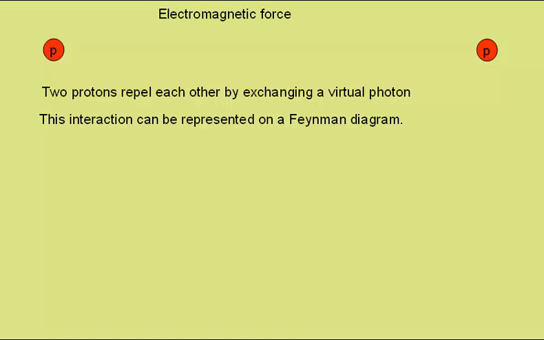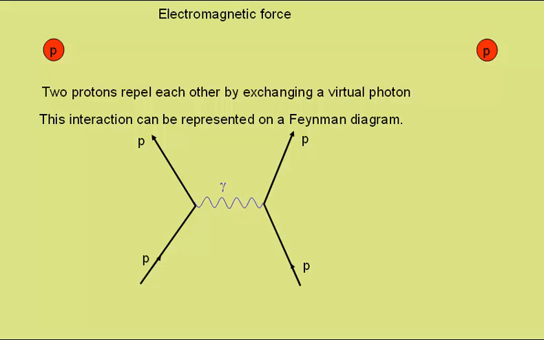This interaction can be represented on a Feynman diagram, named after Richard Feynman, who came up with this idea of representing interactions between particles. This is the diagram, and we have time going in this direction. So we have two protons, which at this point exchange a virtual photon between each other, causing them to repel.